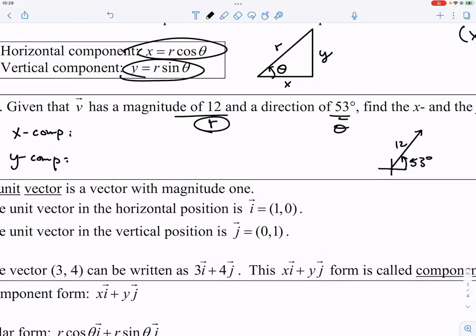So if we want to break down the x and y component, we can already tell that it goes to the right, and it goes up. So what we do is simply r cosine theta, which is 12 times cosine of 53 degrees.